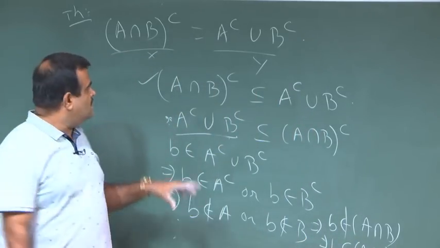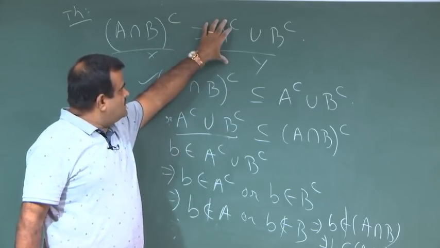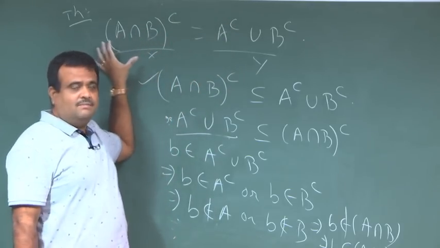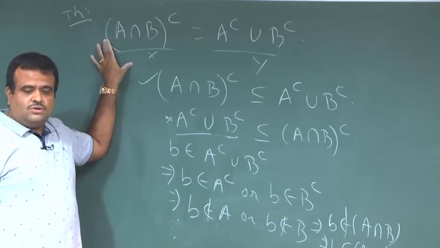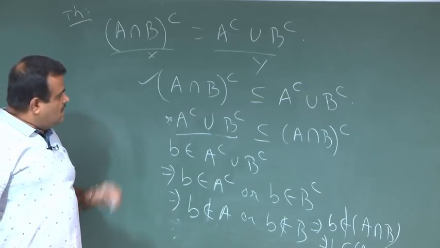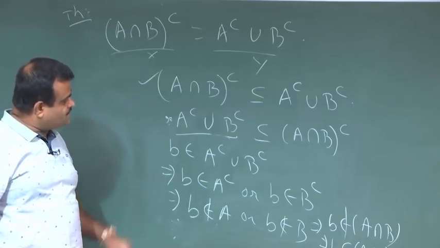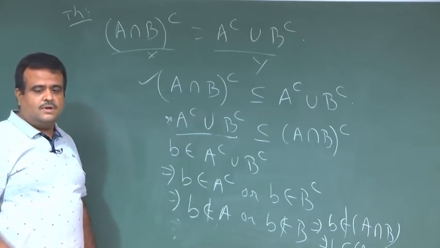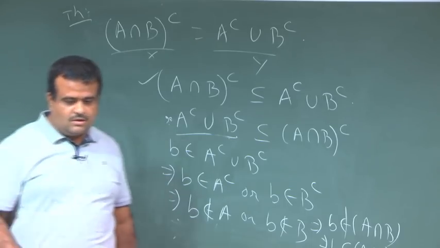So, that means, if we take an element of this set, we just proved that it is an element of this set. So, that is the proof. Okay. So, this is called De Morgan's law.